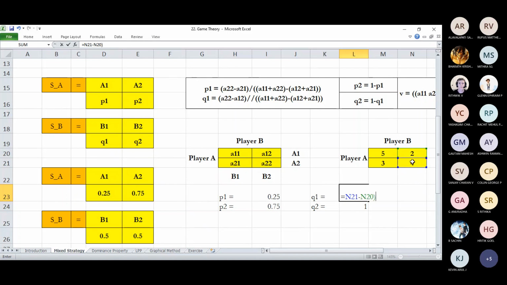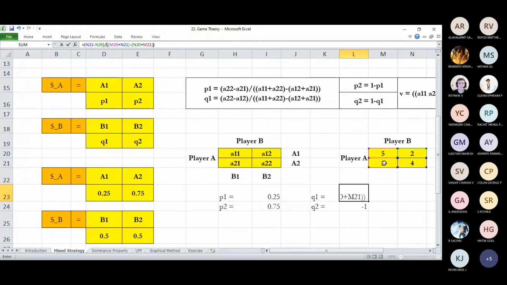So that's the numerator, and then it is divided by just one denominator, the same two terms: A11 plus A22 minus A12 plus A21.